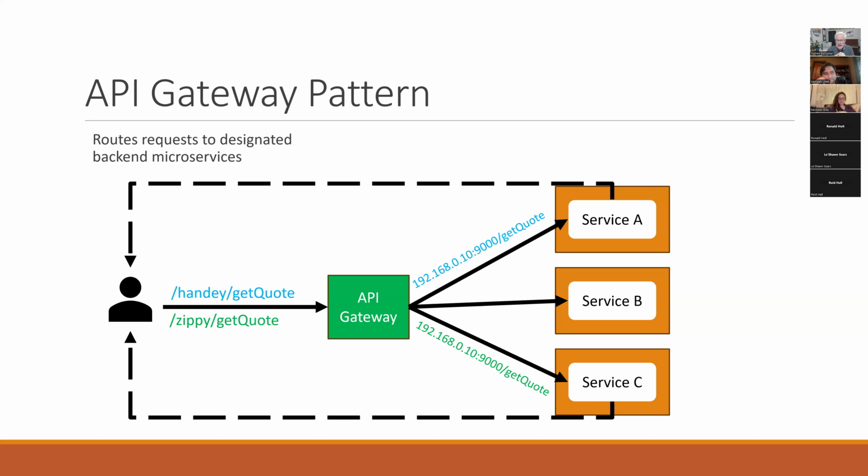Instead, they have a mesh of these little tiny services that sit there and handle a lot of the same things that an API gateway can do. They form a federation or a mesh to do the similar thing. But the idea here is that the client doesn't need to know the IP address. They just have the API gateway, and they can send URLs to that.